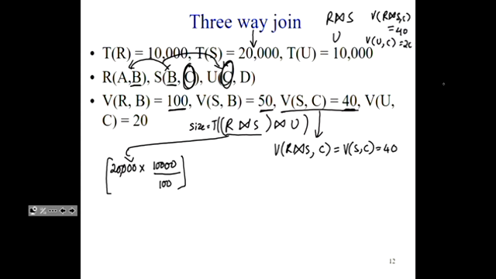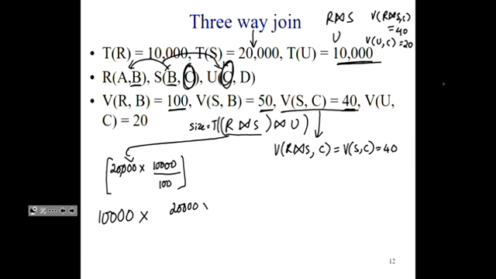So basically, every tuple in U is going to join with a certain number of tuples in R join with S. So I will loop through the tuples in U. So I have 10,000 tuples in U, right?